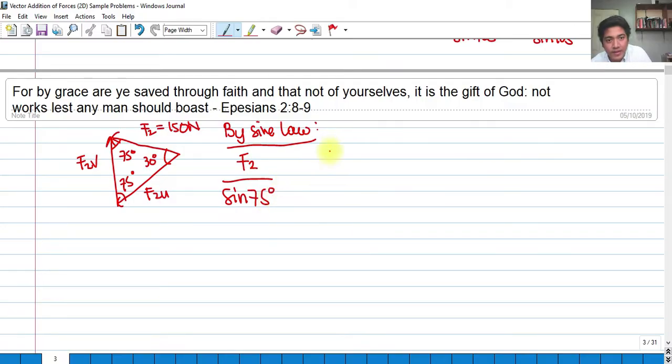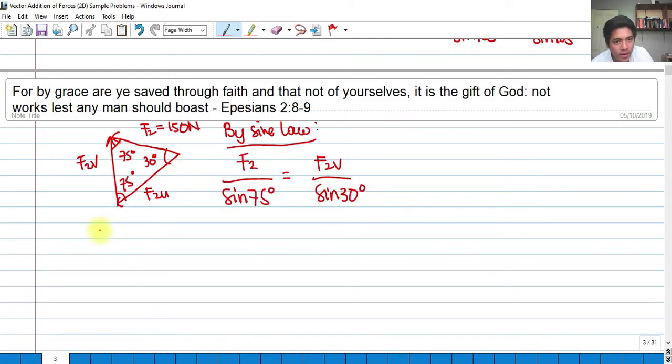Just be consistent. If you put this on the numerator, then definitely you will put a numerator also here in terms of the F2, not the sine. So we have F2 over sine 75 and let's get F2V. F2V over sine 30 degrees.